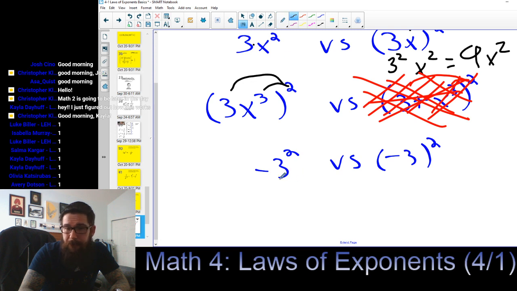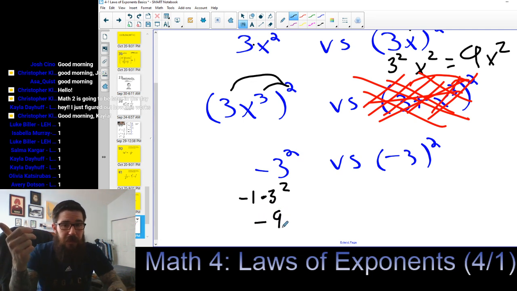What's happening in this first one is this is technically the opposite of 3 squared, meaning it's a -1, and then I multiply that by 3 squared. This guy right here is going to turn out to be a -9, because I'm taking 3 squared and afterward making that negative.